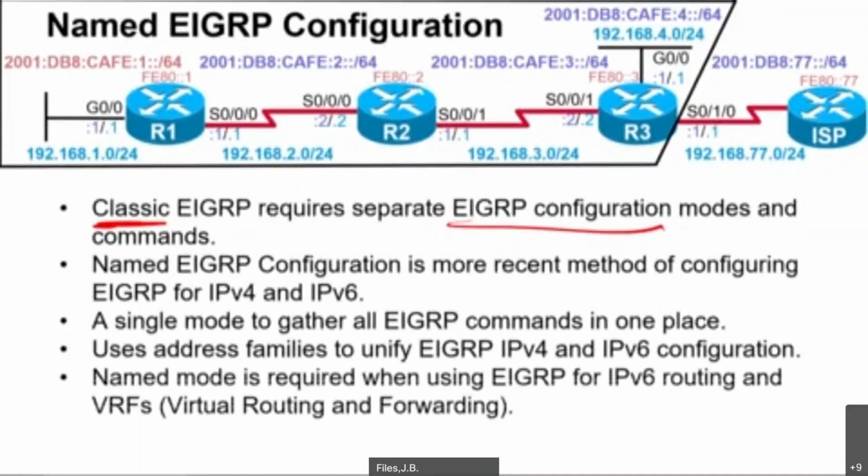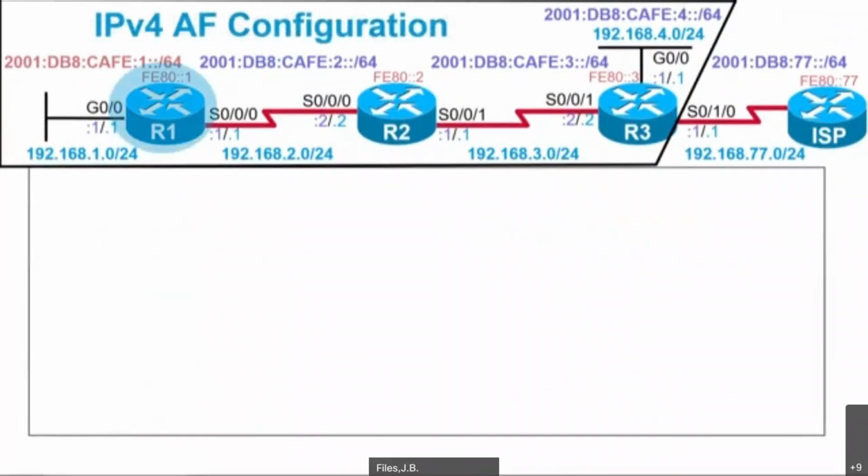All right. If you're going to use EIGRP for IPv6 and virtual routing and forwarding, you have to use named configuration mode. The idea is at some point, someday, we're just going to do IPv6 in named configuration mode. So in the meantime, dual stack using named configuration mode. Okay. IPv6 unicast routing. In theory, you could do multicast routing also if we were doing multicast routing.